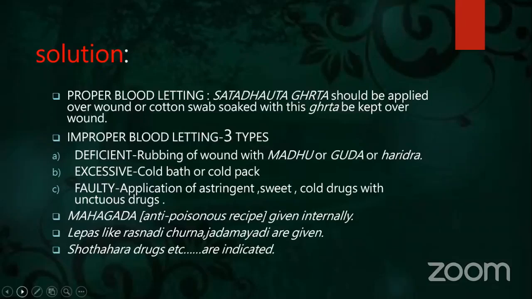When it is done excessively, a cold bath or cold pack. When it is done faulty, wrongly, application of astringent, sweet, cold drugs with unctuous drugs. Or else we can administer internal medications like Mahagada, an anti-poisonous recipe, and lepas, in the sense of pastes, like Rasnadi Churna and Jatamayadi are given. Or Shodhana drugs, etc. are indicated.